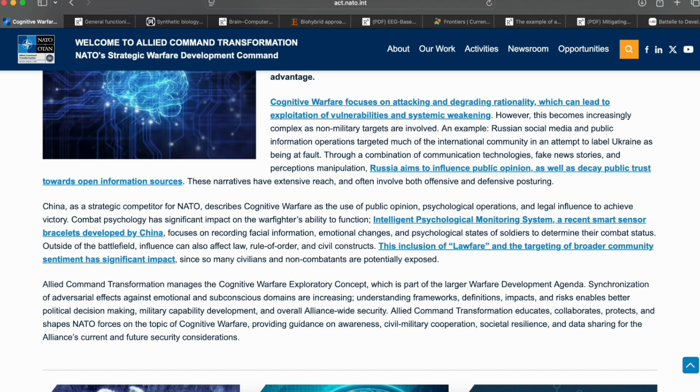Allied Command Transformation manages the cognitive warfare exploratory concept, which is part of the larger warfare development agenda. Synchronization of adversarial effects against emotional and subconscious domains are increasing. Understanding frameworks, definitions, impacts, and risks enables better political decision-making, military capability development, and overall alliance-wide security.